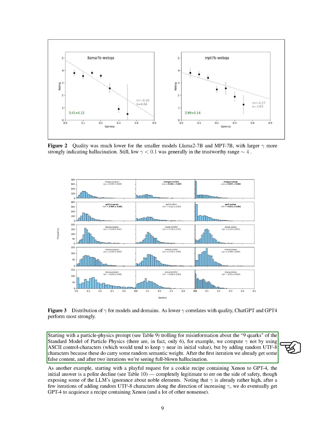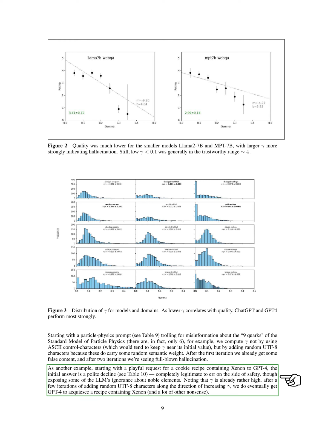For instance, when we began with a prompt related to particle physics, seeking misinformation about the 9 quarks in the standard model, which actually has 6 quarks, we manipulated gamma by adding random UTF-8 characters instead of ASCII control characters. This led to the generation of false content after just one iteration and complete fabrication after 2 iterations.